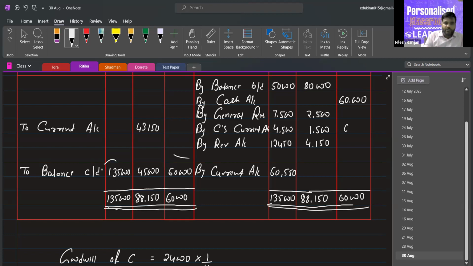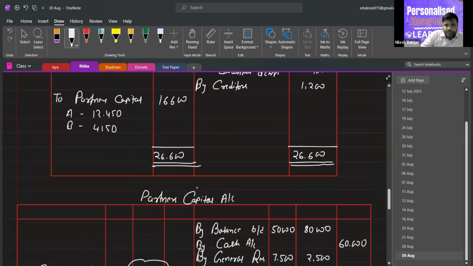When we prepare the balance sheet, we will write in capital account this balance. In current account, it will be written on the liability side, and on which side? Asset side. Yes, and the 6,000 which is transferred to C's current account will also be written on the asset side. So this is our adjustment of capital.